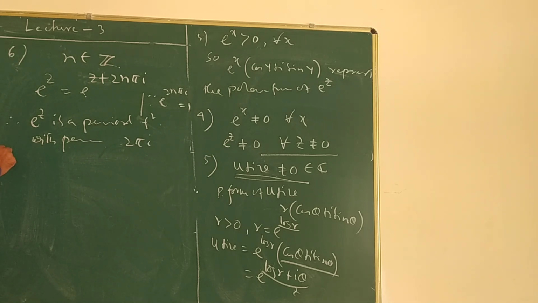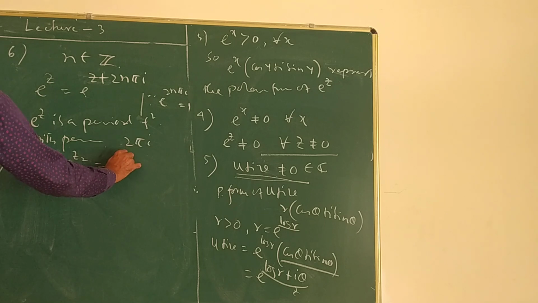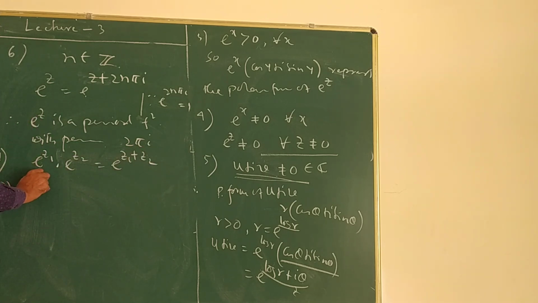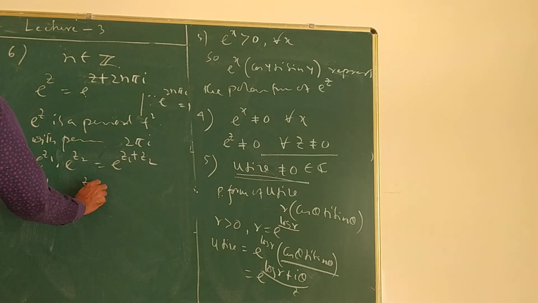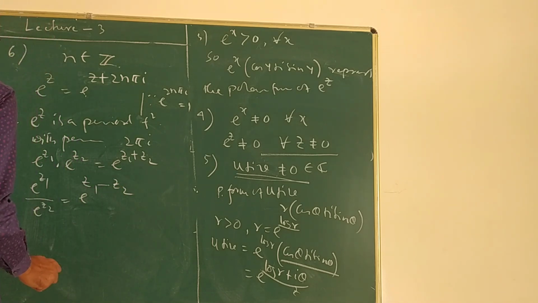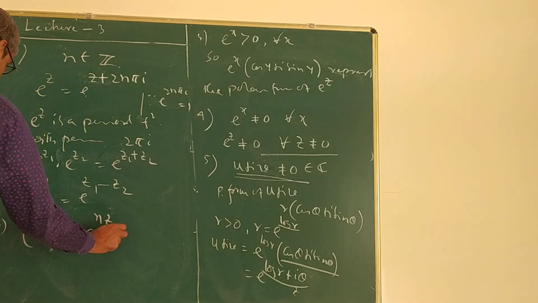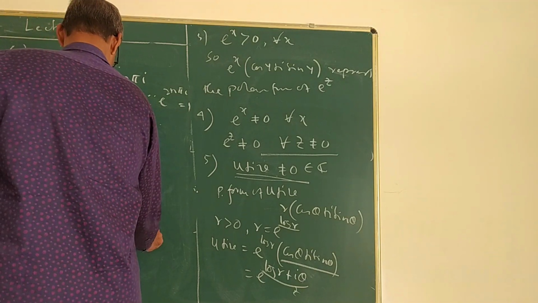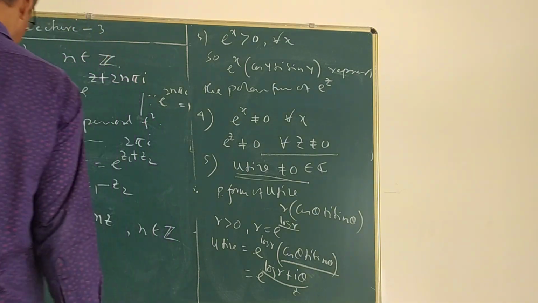Then some properties. Number one: e to the power z1 times e to the power z2 equals e to the power (z1 plus z2). Number two: e to the power z1 divided by e to the power z2 equals e to the power (z1 minus z2). Number three: (e to the power z) to the power n equals e to the power nz, where n is an integer.